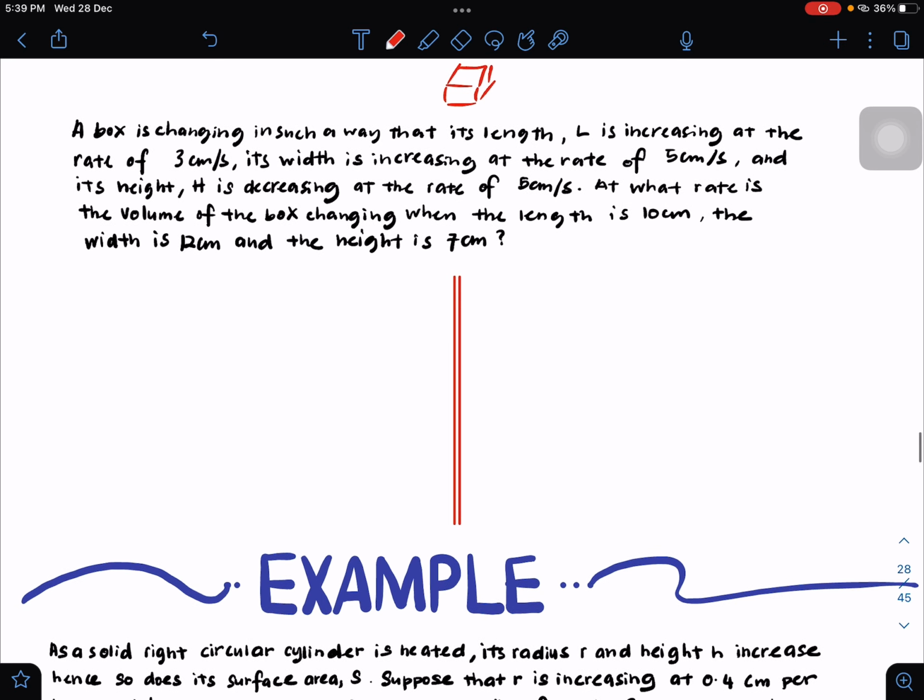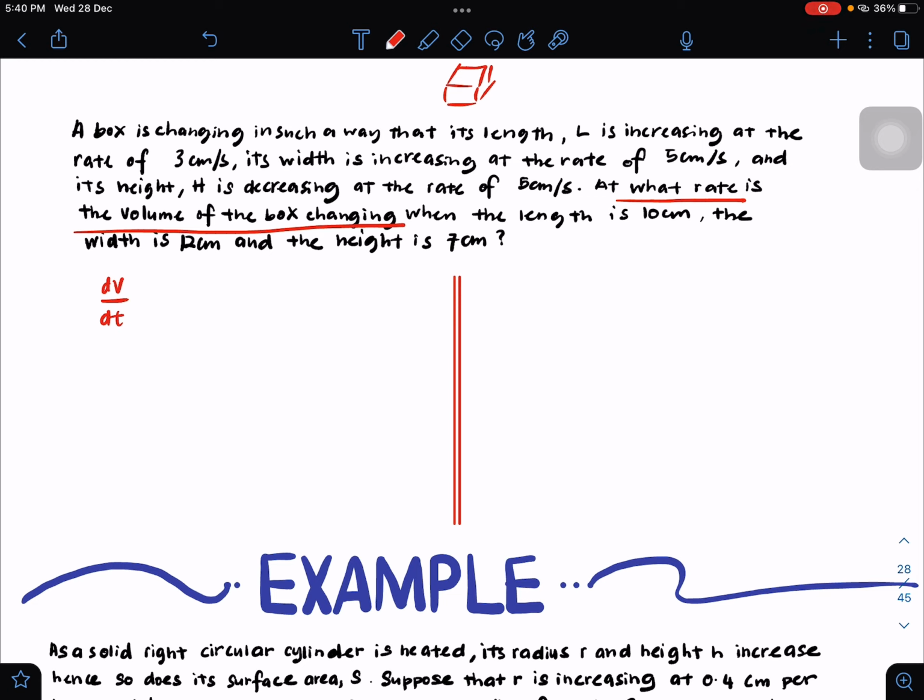The question asks, at what rate is the volume of the box changing? When we are talking about the rate of change, it will always be with respect to t. Now we want to find the rate of volume changing, perubahan isi padu. So it will be the rate dV/dt, perubahan volume kepada masa.